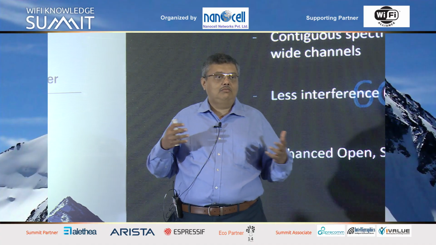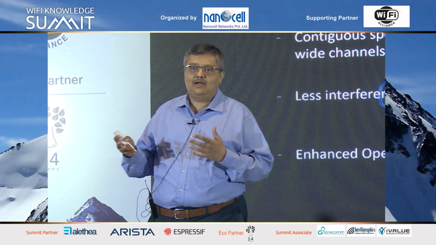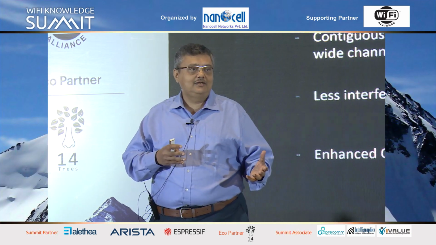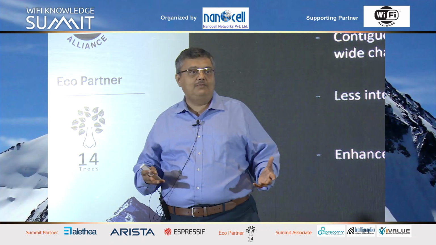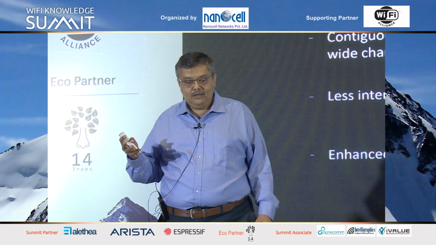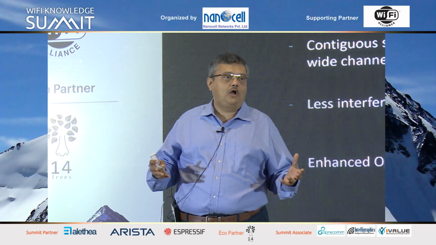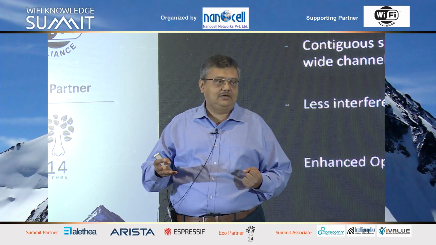We have data to prove that even if one 11AC client comes into an 11AX environment, it brings down the throughput of the cell by about 30 to 40%. That kind of impact you see now. With 6 gigahertz, there is a huge promise. People are waiting for it in the US and some other geographies in Europe.